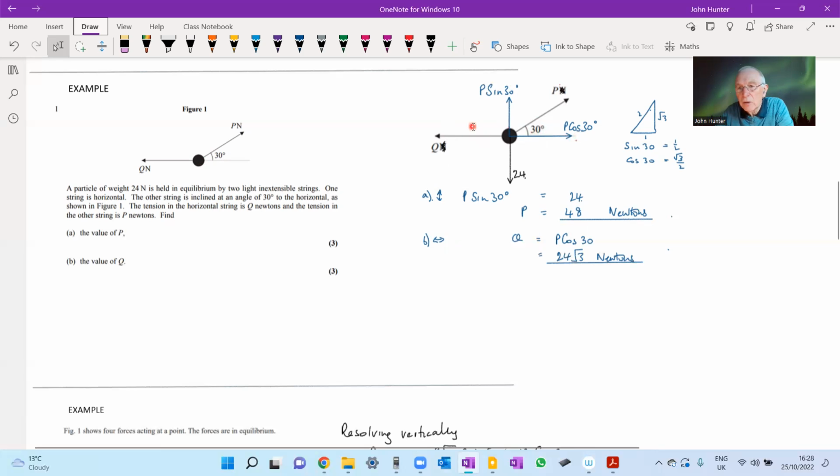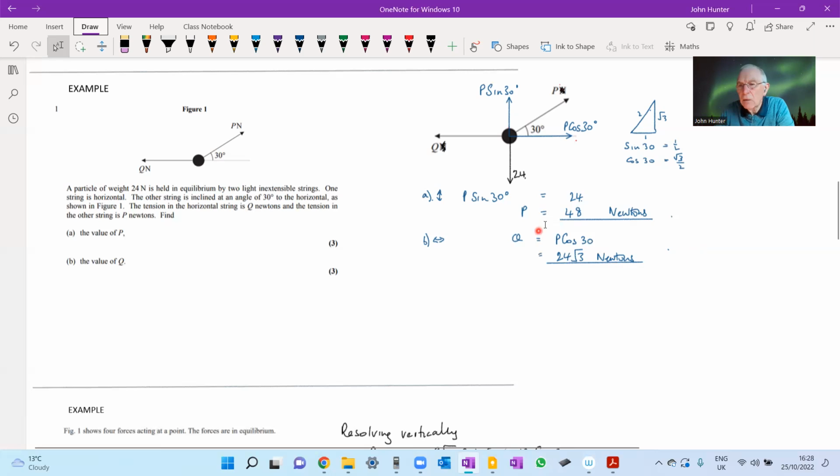Again, there's no motion, no acceleration in the horizontal direction either. So Q equals P cos 30, and we know that P is 48. Cos 30 is root 3 over 2. So therefore Q would be 24 root 3 newtons. So that's that one, a fairly straightforward application of the resolution of forces.